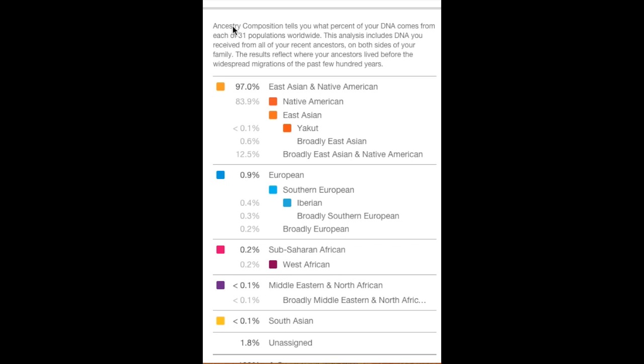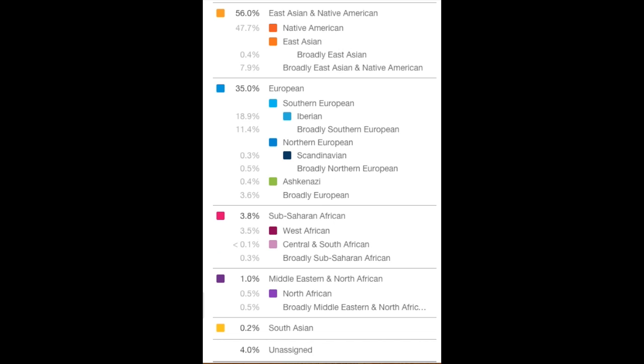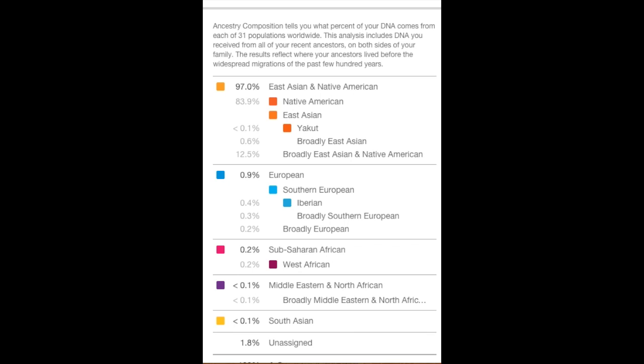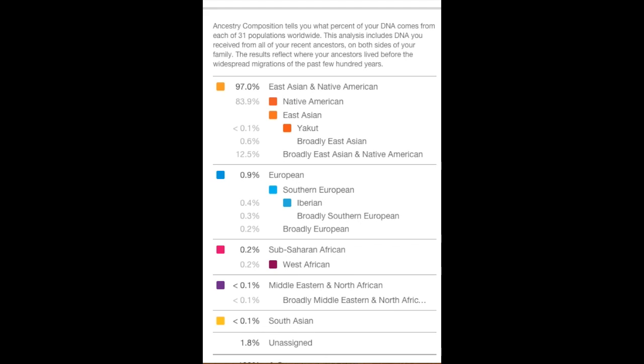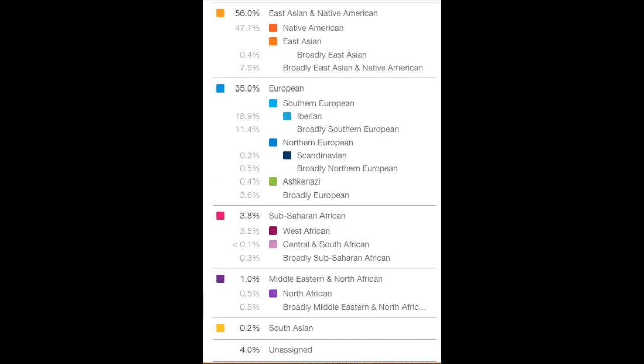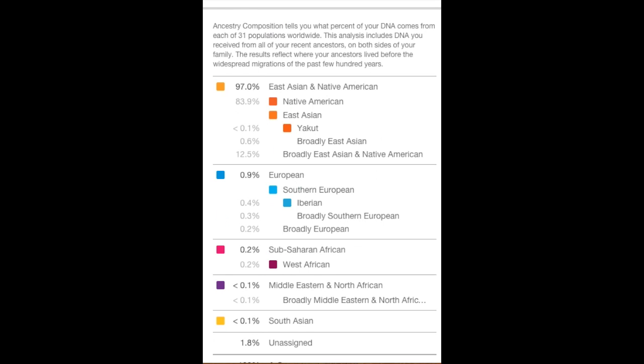So these are my father's results, and once again, my mother's results. My dad gets 97.0 East Asian and Native American. My mother gets 56.0. My dad gets 0.9 European. My mother gets 35.0 European. My dad gets 0.2 Sub-Saharan African.